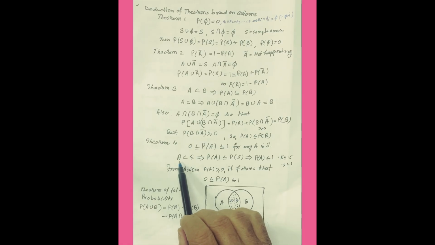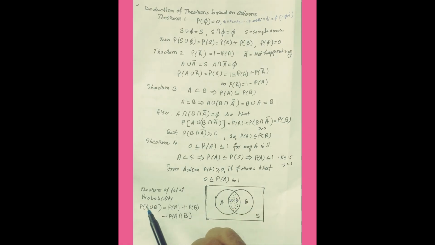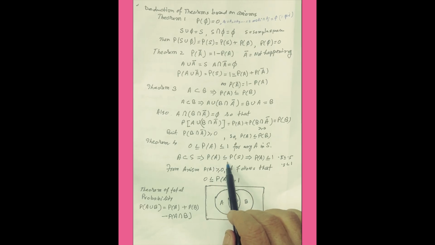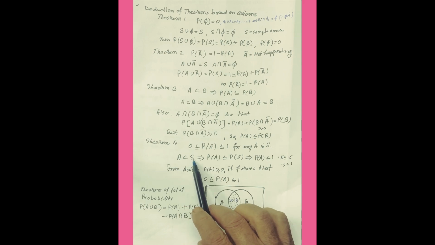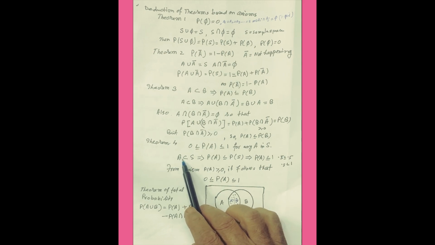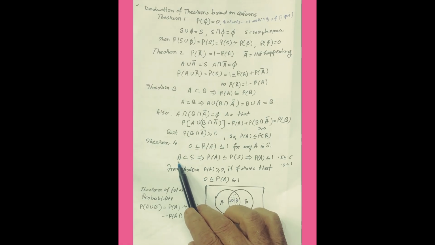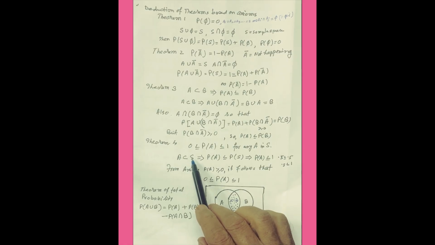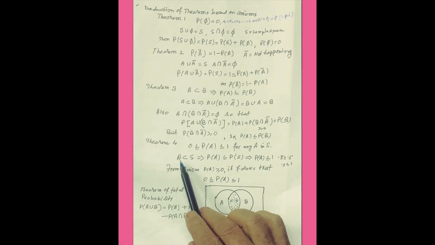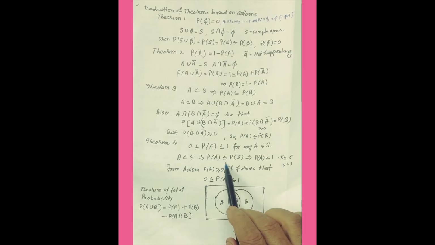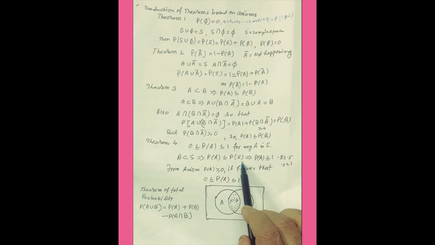So event A is included in the total sample space, which implies probability of A is less than or equal to probability of S, because it is included in S. So necessarily A is smaller, and the probability of A will be smaller than the probability of the sample space.